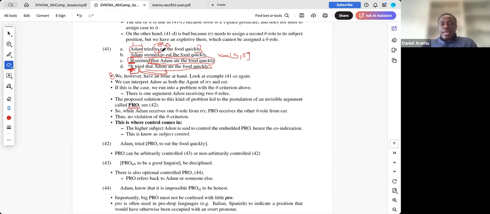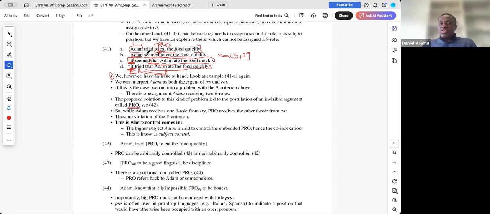So it is a two-place predicate also. It assigns one theta role to the food and assigns the second theta role to the big pro. So with this, we escape the issue where Adam is assigned two theta roles. We see that now. The big pro is the one actually being assigned that theta role and not Adam.